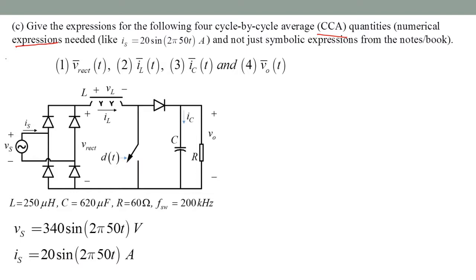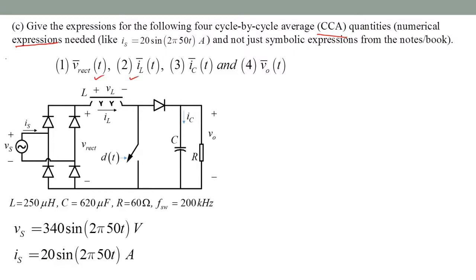I saw some students try to take the average of the rectified sine, which is not correct. CCA always refers to the average over one complete switching period. So that makes the solution to this part C really simple, especially the first two.